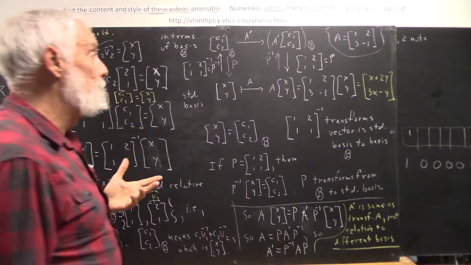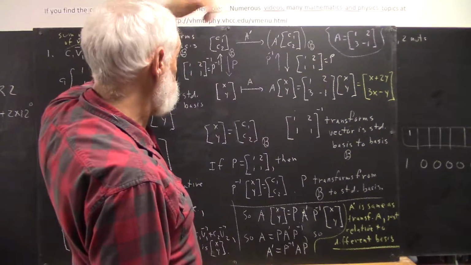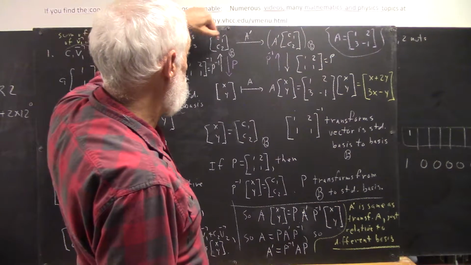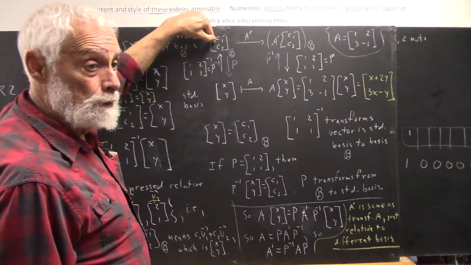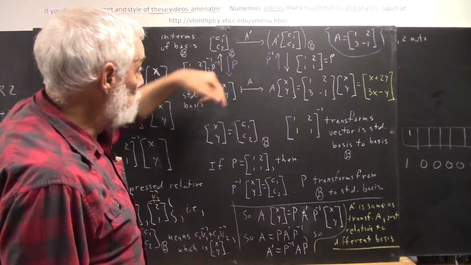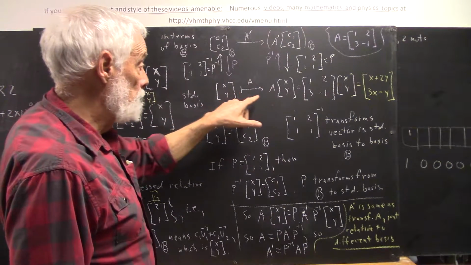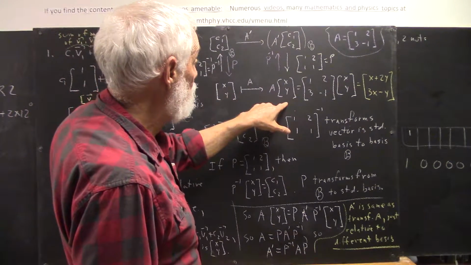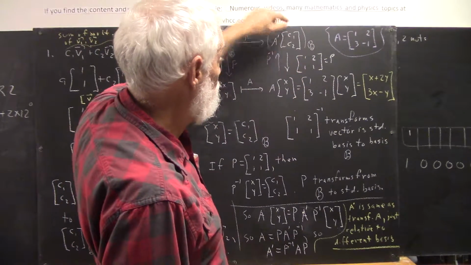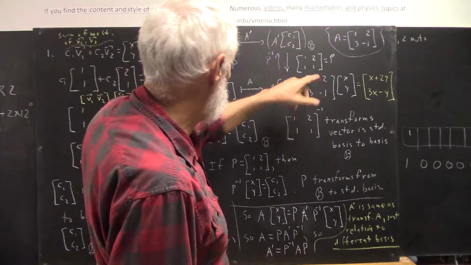If we now want to find this matrix, we start with a vector represented here, and we use the P matrix to bring it down to the standard basis, multiply by our A matrix, and then bring it back up to our B basis using the P inverse, the inverse of this matrix.